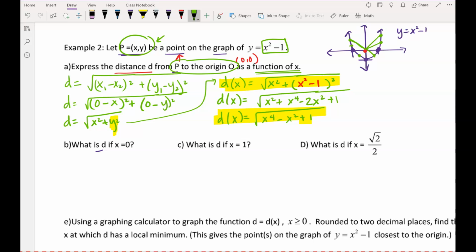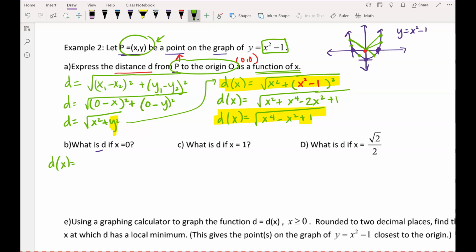Now let's go on to part B. Part B says, what is d of 0? Remember, d is the distance from any point to the origin. If x equals 0, then from here, students, we just have to use either formula that you have above, d of x equals the square root of x squared plus the quantity x squared minus 1 squared, or the one that you distributed, whichever is easiest for you.